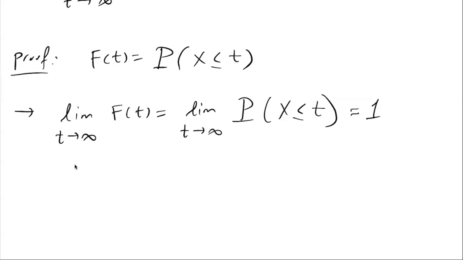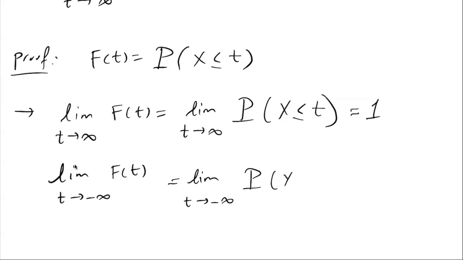Similarly, if we calculate the limit as t goes to minus infinity, well, again, remember that outputs of x are real numbers, and no real number can be less than minus infinity. So the event will be the empty set, and the probability of the empty set will be 0. So this probability will be 0.